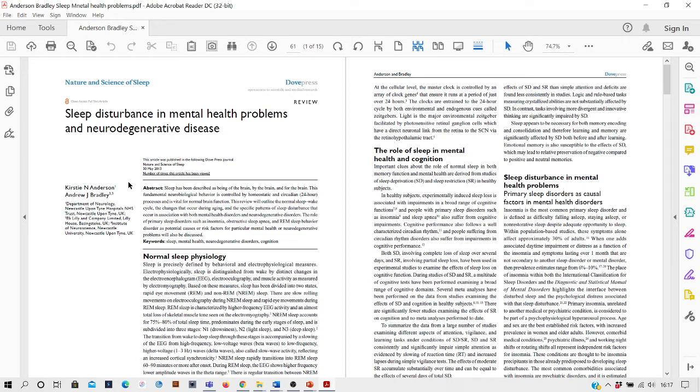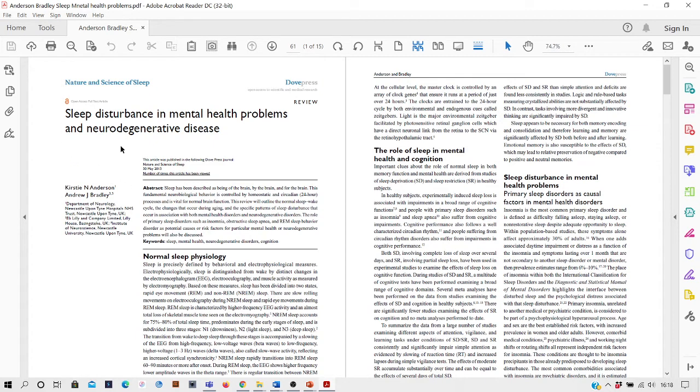So if it's something like sleep apnea, something related to the respiratory system, you might see Sophie. If it's a sleep disorder related to something like sleepwalking or insomnia, something related to neurology, then you most likely see Kirsty, as she's a consultant neurologist.